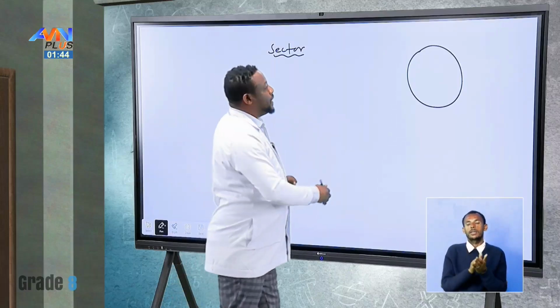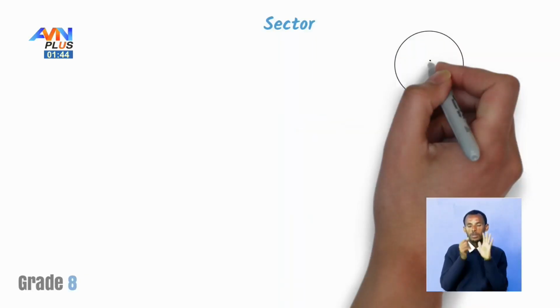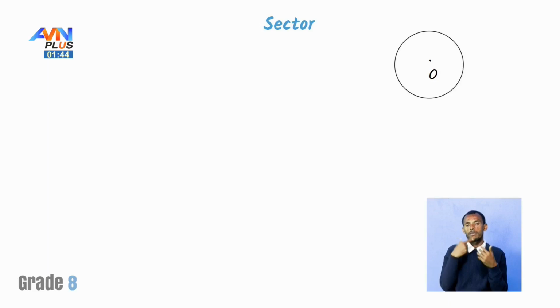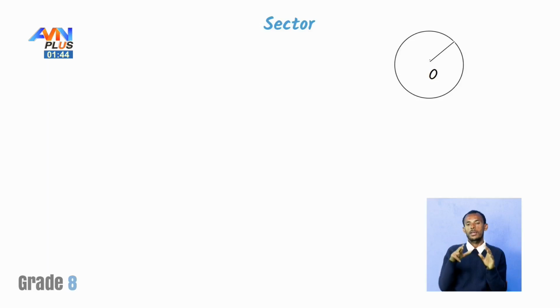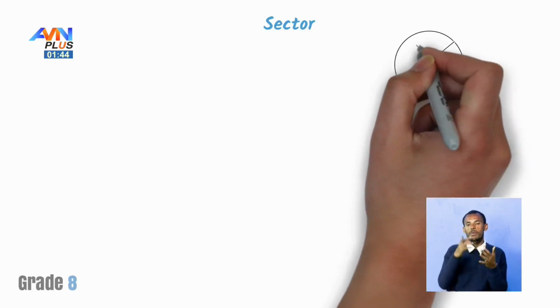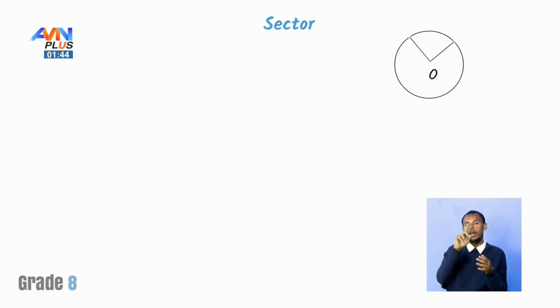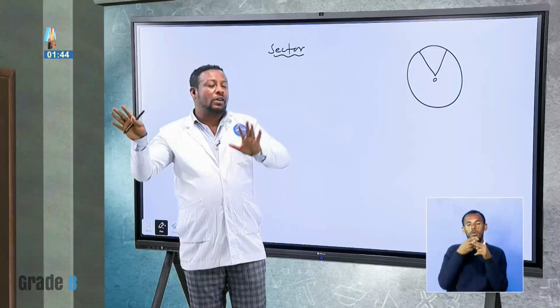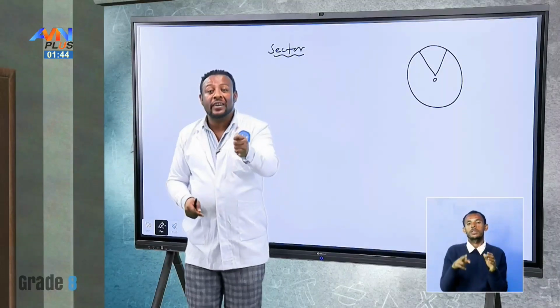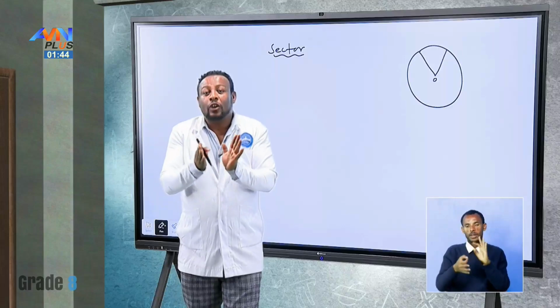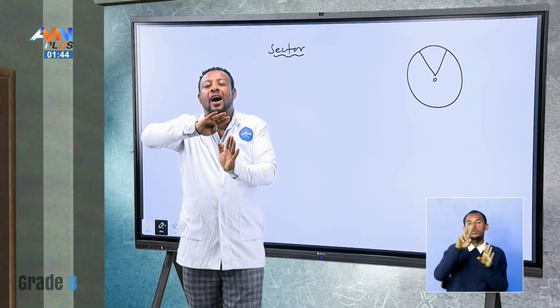What does it mean? For example, if you have this circle with center somewhere here, construct radii. Radii is the plural form of radius. Okay, if you have more than one radius, we call them radii. Now, a sector is defined as a region enclosed by two radii and an arc.